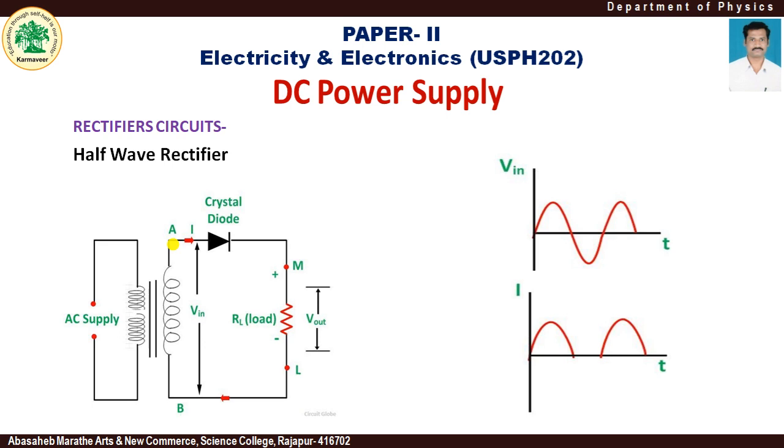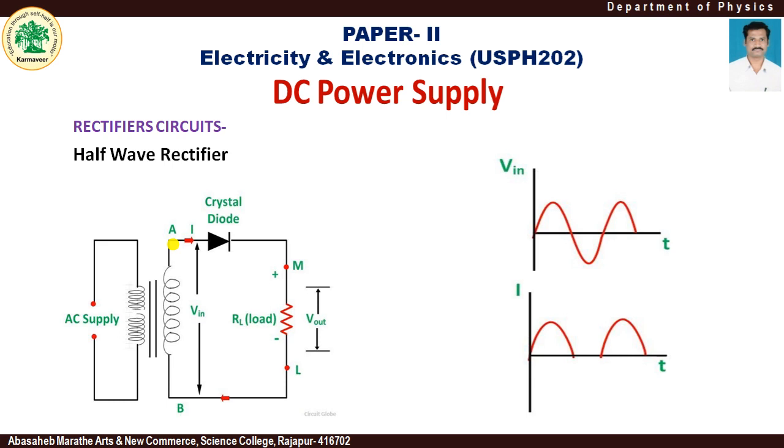That means the number of cycles completed in 1 second is 50 cycles. The frequency of the AC voltage that we are using in our everyday life is 50 hertz.